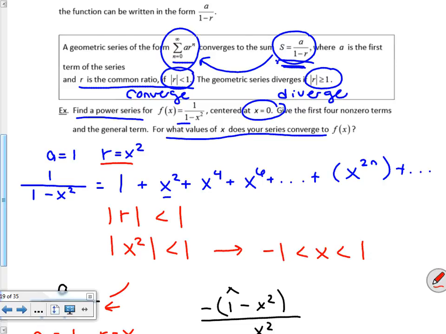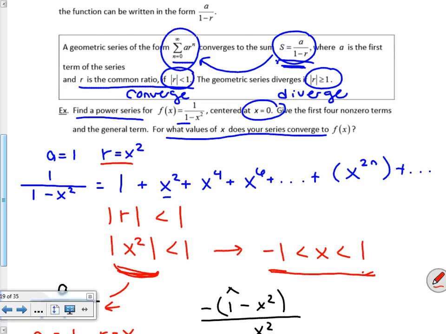Remember when you were solving for absolute values in Algebra 2 or maybe Algebra 1, you had to make 2 different cases, a positive case and a negative case. The same applies here. We are looking to solve for x values and give ourselves kind of a window. Remember that little window that we talked about of convergence? This is it. This is our interval of convergence.